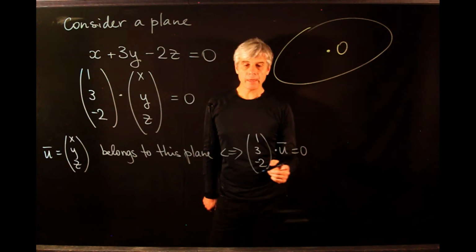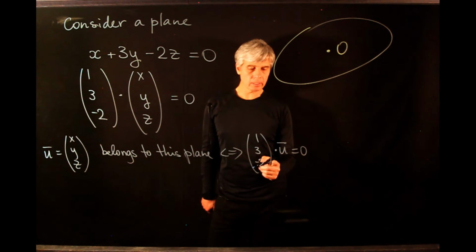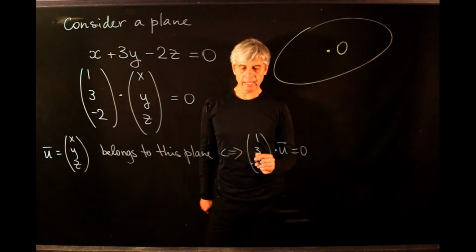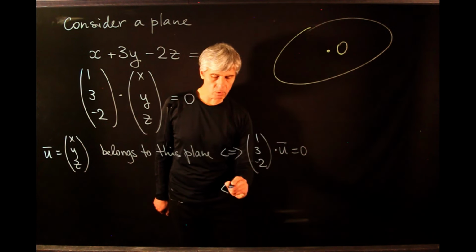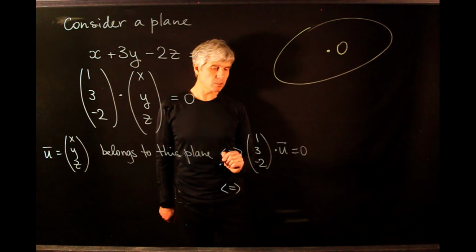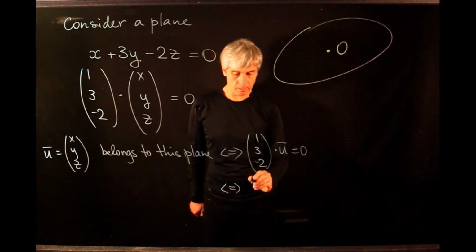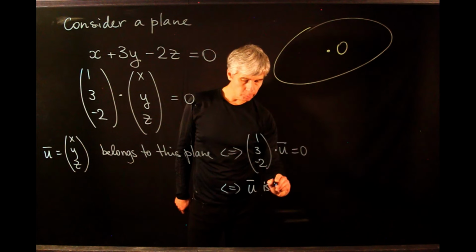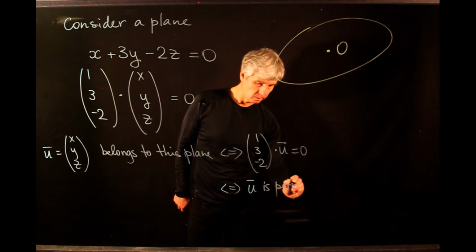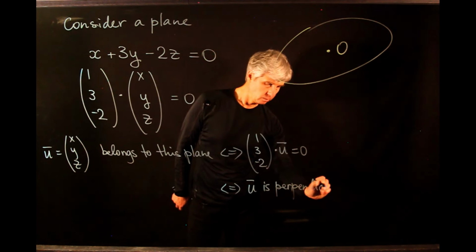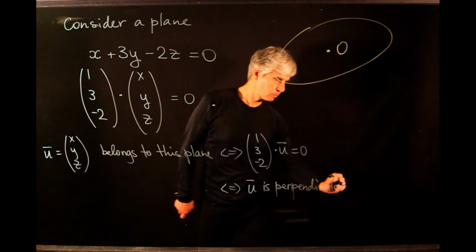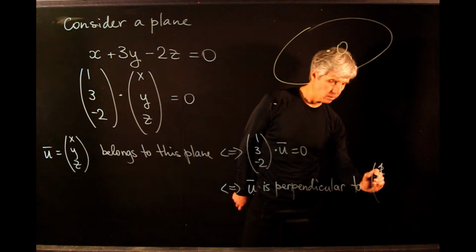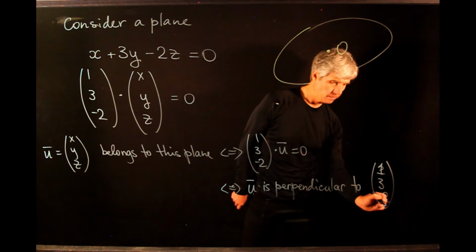But we know that the dot product of two vectors is equal to 0 exactly when these two vectors are perpendicular to each other. So this means that u is perpendicular to the vector 1, 3, negative 2.